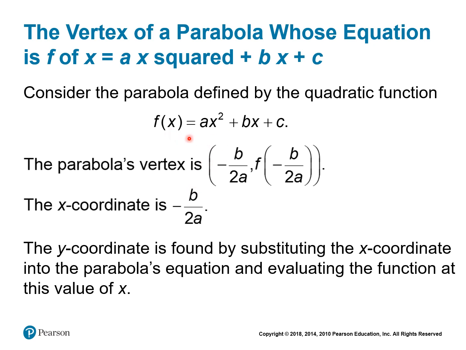Now we will look at this form of the equation of the function, again commonly referred to as the standard form, which is ax squared plus bx plus c. So f of x, which represents y in a function, equals ax squared plus bx plus c, right? Just by looking at this form of the function, we will not be able to tell the coordinates of the vertex.